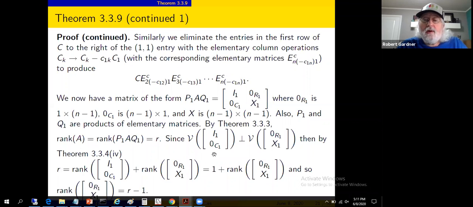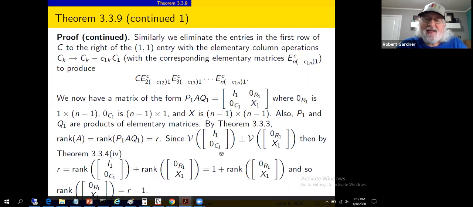All right, claim that this column space is orthogonal to this column space. All right, remember what this is. This is really a 1 followed by a bunch of zeros. It's just a single column here. Over here, we're looking at what we get from this matrix by eliminating this stuff. This stuff is just a column here in this first stage. Well, you've got all zeros in the first component, and below that, who knows what's going on.